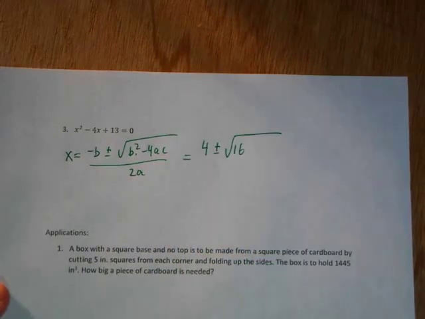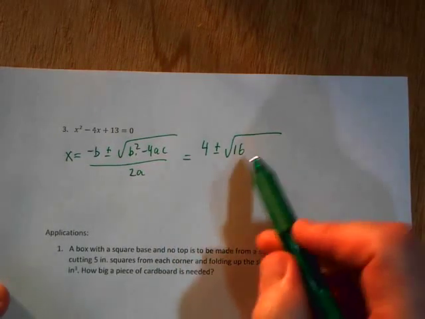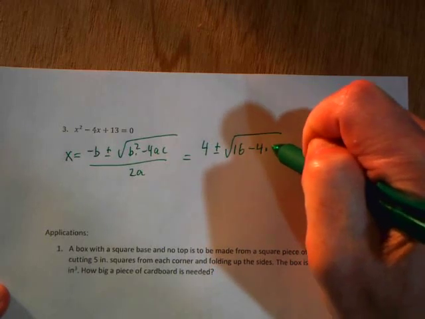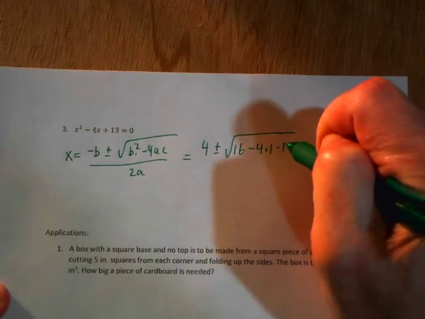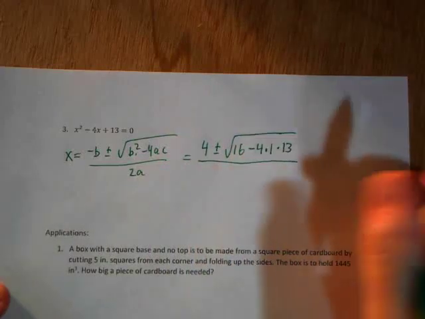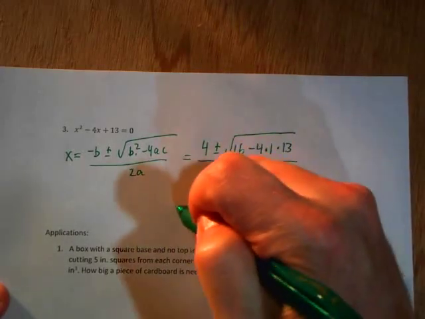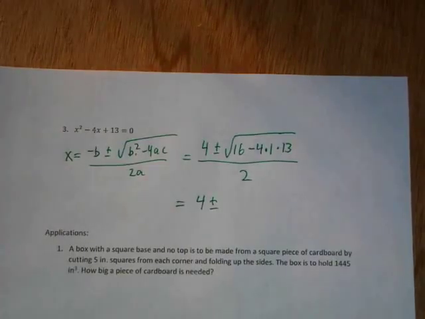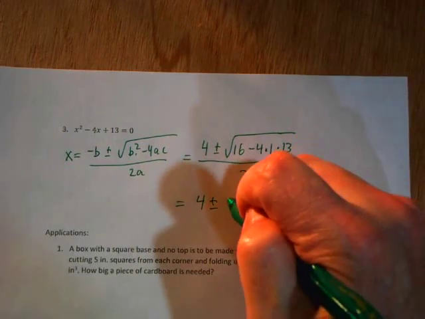See how I'm just writing the 16 down, avoiding that mistake with the minus sign. Minus 4 times a is 1 times c is 13 all over 2a. That's 2 times 1, which is 2. So that's 4 plus or minus, grabbing my calculator, 16 minus 4 times 1 times 13. Calculator tells me that's negative 36.